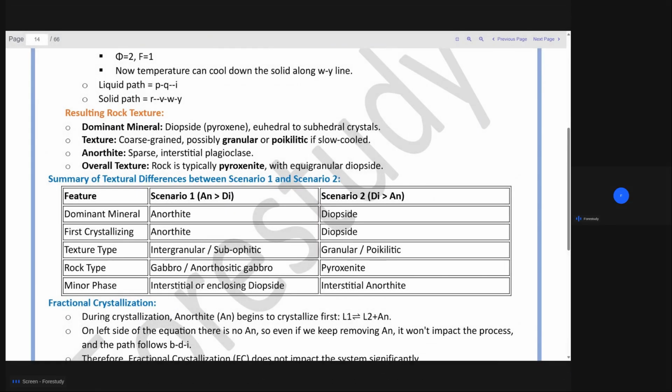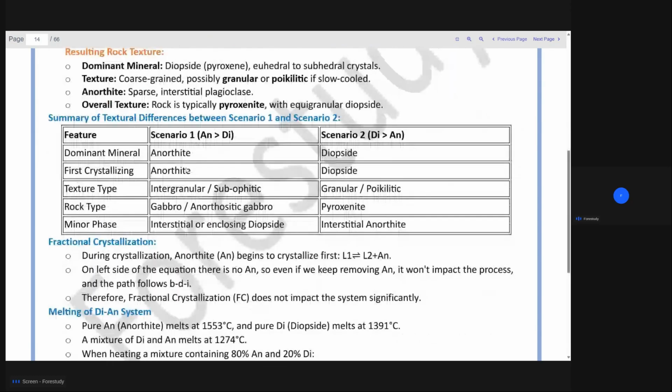Hope you understood. These are the dominant minerals, textures, anorthite, and the overall resulting texture. Now we have the summary of the textural difference between scenario 1 and scenario 2. In scenario 1, anorthite is more than diopside, and in scenario 2, diopside is more than anorthite.